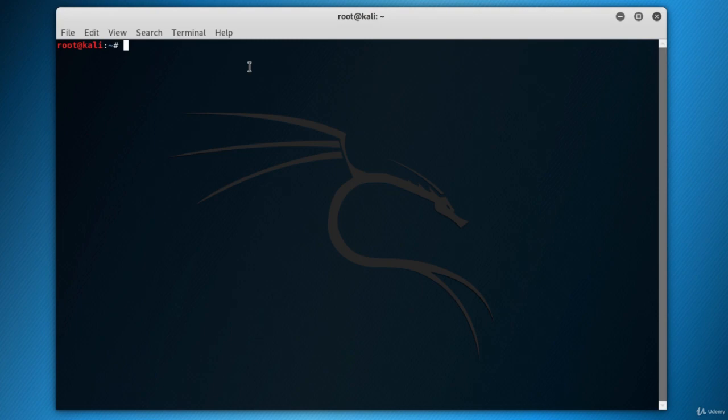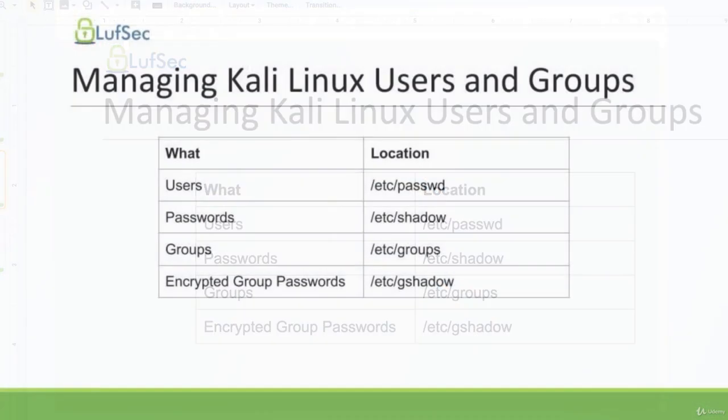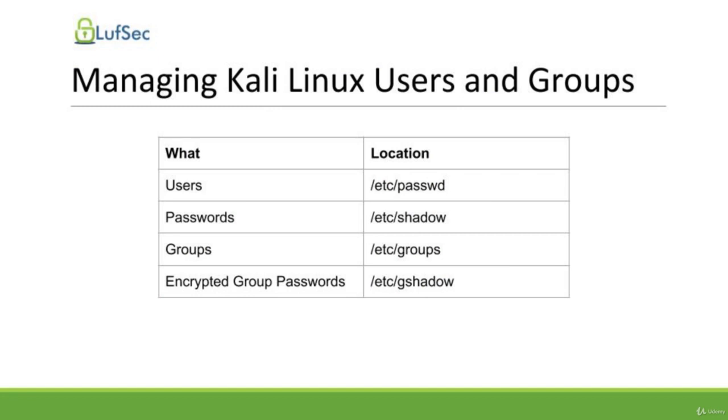Alright, so as with most things in Linux, as I already mentioned, it's based on files. It's not different with users and groups. They are stored in files. For example, users are stored in the /etc/passwd file.